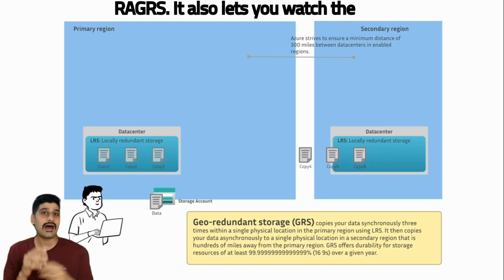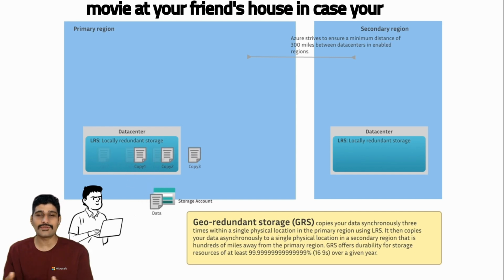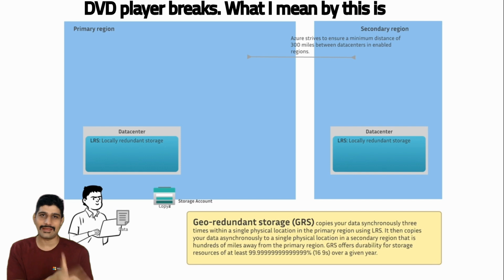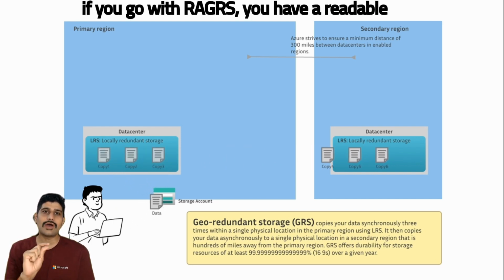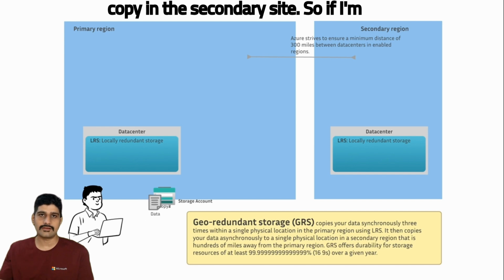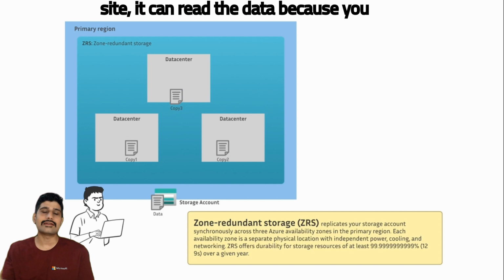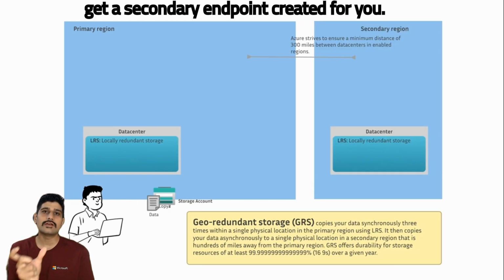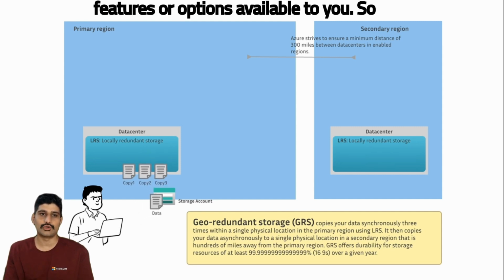In case of RA-GRS, it also lets you watch the movie at your friend's house in case your DVD player breaks. What I mean by this is, if you go with RA-GRS, you have a readable copy in the secondary site. So if I'm deploying an application in the secondary site, it can read the data because you get a secondary endpoint created for you. So when you go with RA-GRS, you get those features or options available to you.